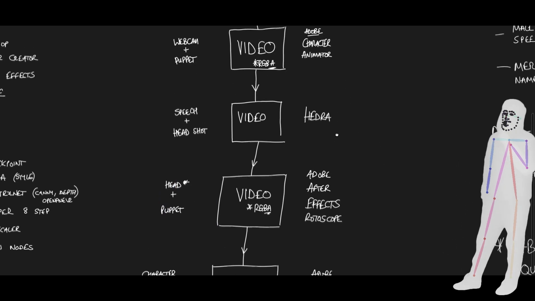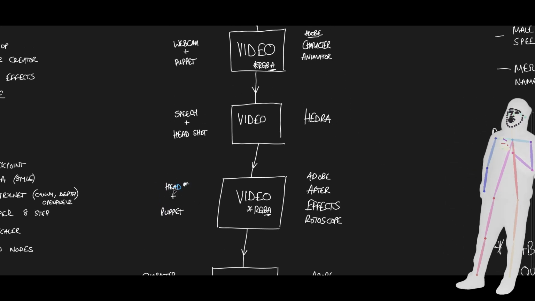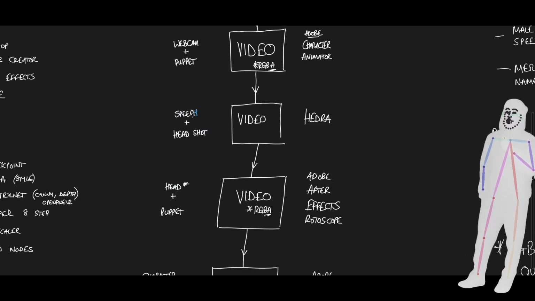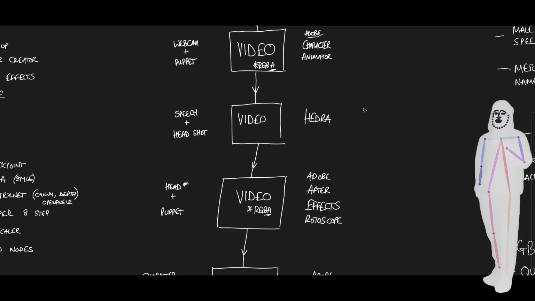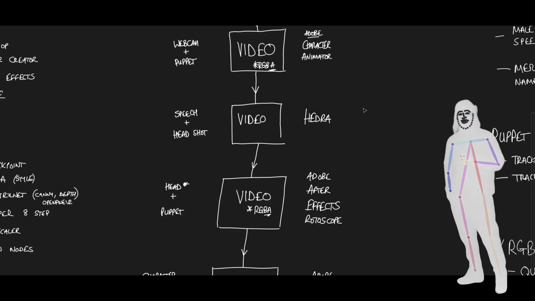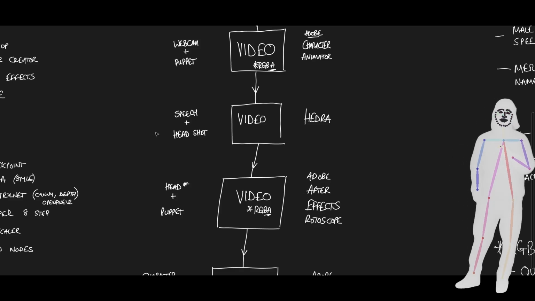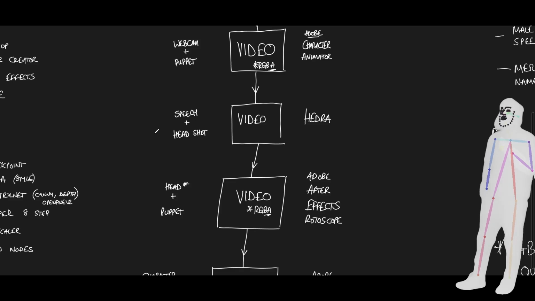All right. And obviously to create the head, we've gone speech with a headshot, video head, in the previous video. So I guess you could actually say there is an additional step here, because technically in the last video, I already made the head to show everyone how to do that.